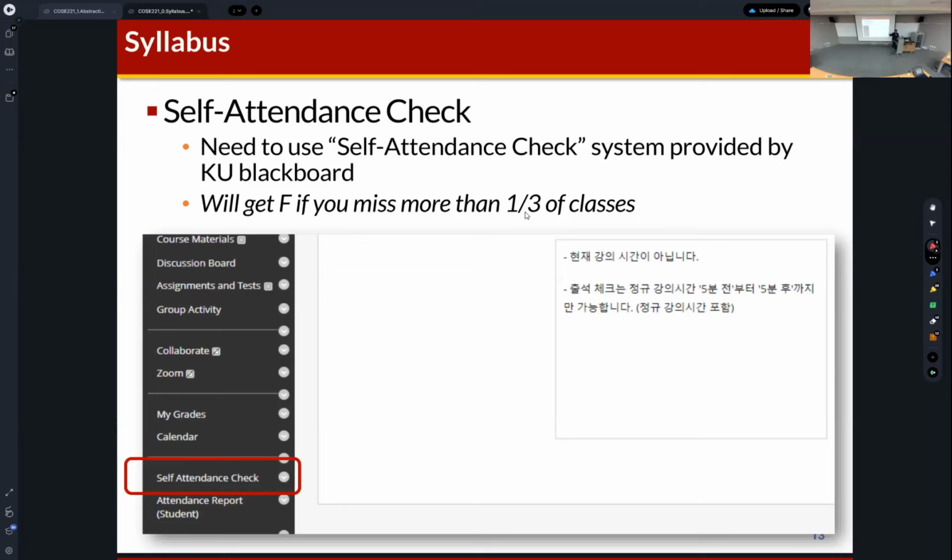This is the policy from the government. Okay, so this is a very strict policy. Because in this course we use the self-attendance check system, do not forget about checking your attendance on Blackboard. Okay.